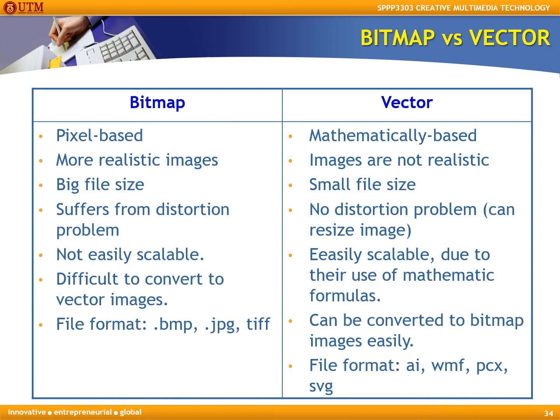so if we compare in summary between these two categories, bitmap and vectors, bitmap is pixel based. All right, if you zoom in, you can see the pixels, you can see the squares. It's more realistic, with a big file size. All right, it suffers from distortion problems in the quality.